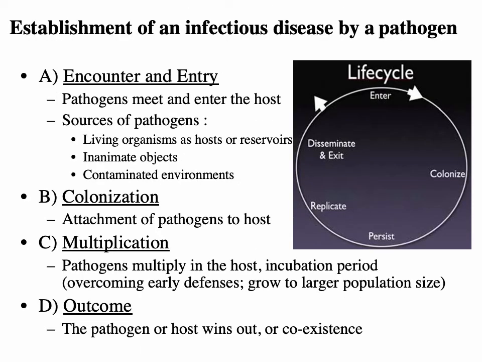So we're going to switch gears to the part on the steps involved in infectious disease. We're talking about a true pathogen, not conventional bacteria, a true pathogen coming in from the environment. What are the steps that normally are involved in causing an infectious disease? The first step is obviously encounter and entry.